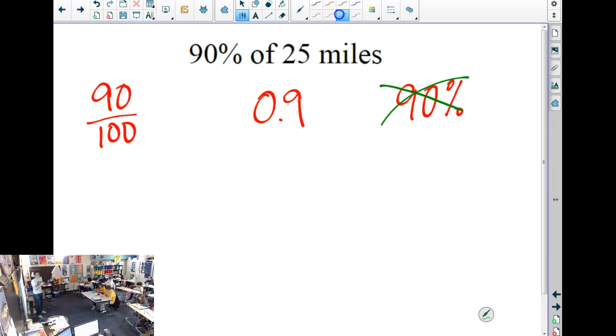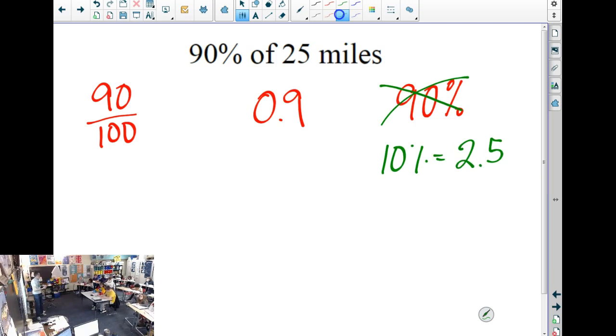For round numbers of 10, you just find 10% of the number. So what's 10% of 25? 2.5. So if we find 10%, we can use percent form. What do you do from there?